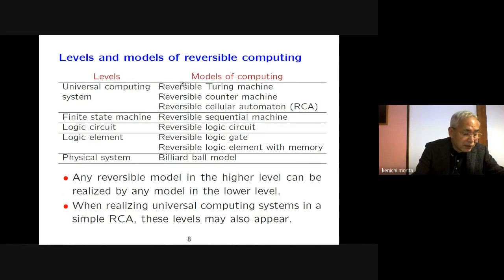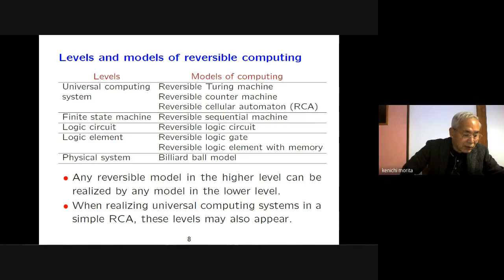There are several levels and models of reversible computing. In the lowest level, reversible physical system exists. Then the levels of logic element, logic circuit, finite state machine, and universal computing systems follow.